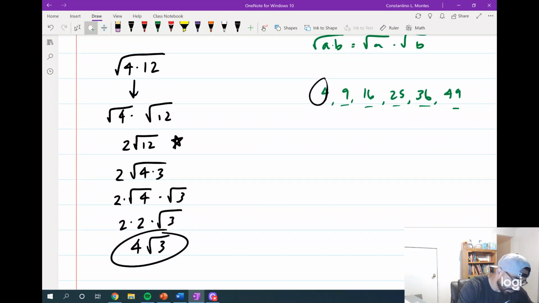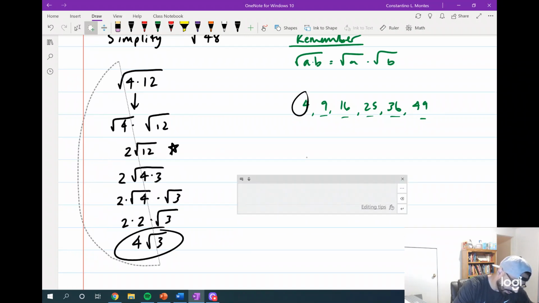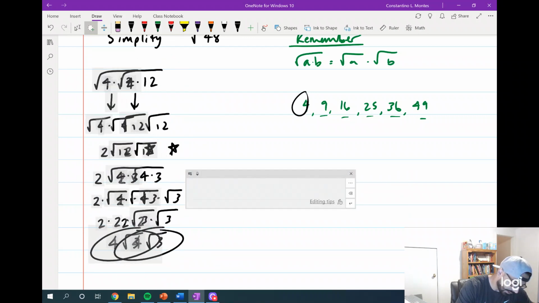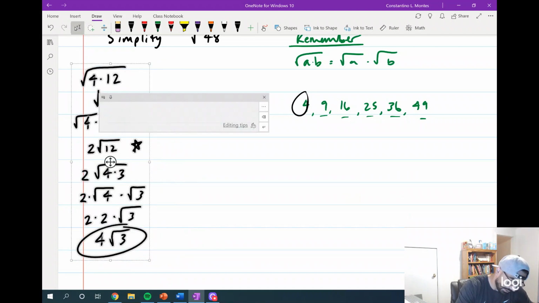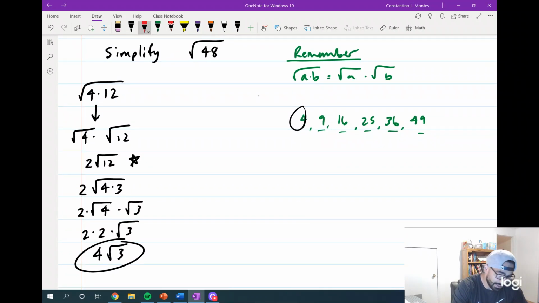So let me move this over here. Let's get out of that. And in red, I'm going to do it again. Now, we know 4 is a factor of 48, but there must be a bigger number, right? And it turns out that that bigger number is 16.